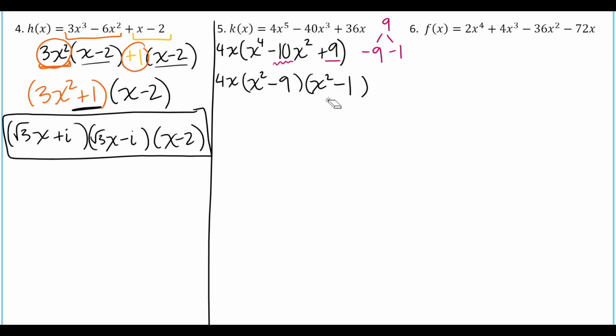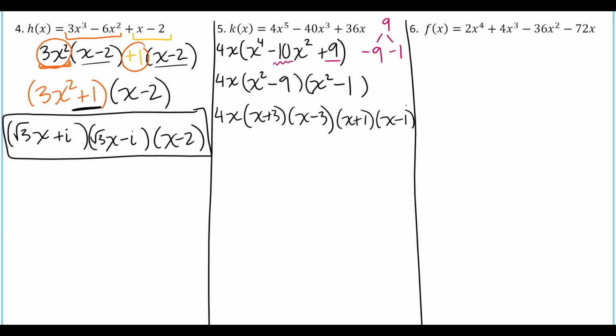I'm going to go ahead and factor them both. I still have the 4x out front. X squared minus 9 will become x plus 3 times x minus 3. And x squared minus 1 will become x plus 1 times x minus 1. And we have fully factored this very large polynomial into its 5 factors.